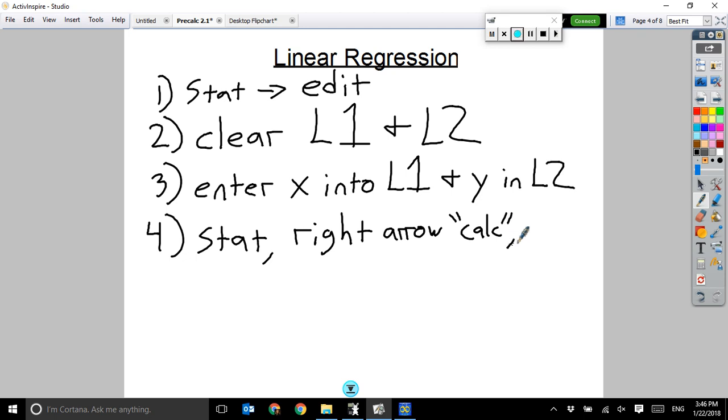And we want option 4, which should say LINREG. And then once you get there, we're going to go to step 5. At the very bottom, it should say calculate. Now, that seems really confusing. That's okay. We're going to go through a problem together.